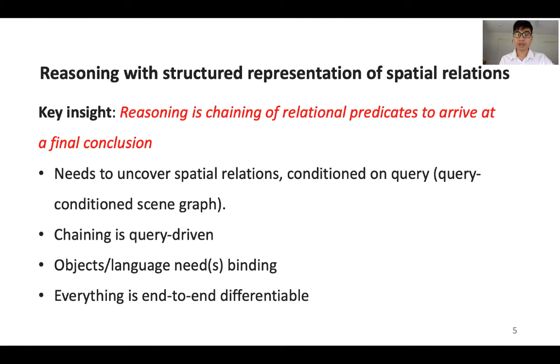Chaining is also query driven, as how we find the final answer depends on how we interpret the question. In addition, some predicates are more important for one question, but might not be necessary for another. The representation of visual objects should be conditioned on the question as well.